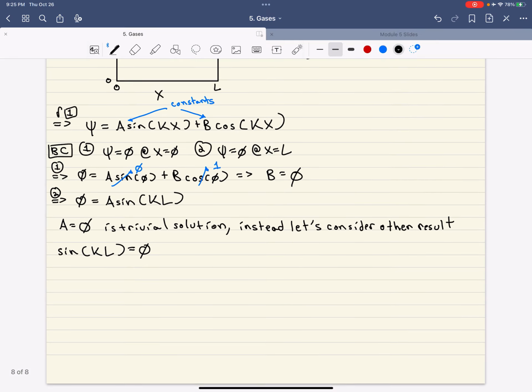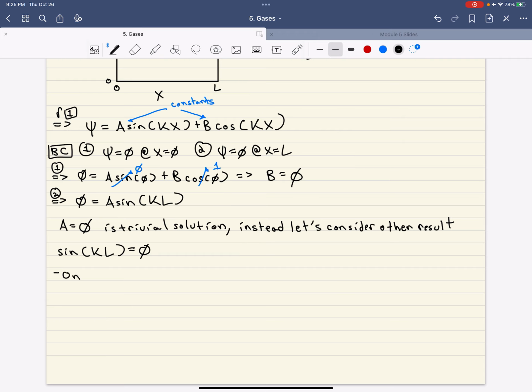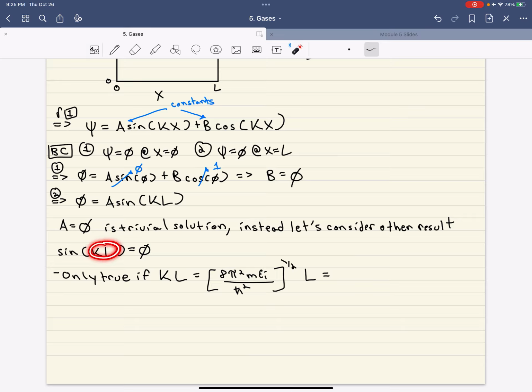Okay? Alright, and so that's only true, sine kl being equal to 0, if kl, which at this point I'm now going to rewrite as (π² m ε_i / h²)^(1/2) times L, is only true if the inside of our sine function is an integer of pi, or a multiple of pi.